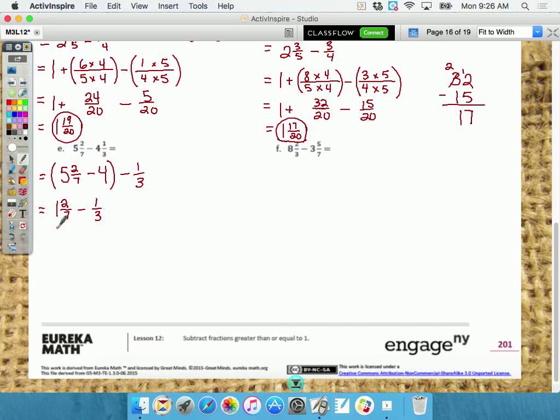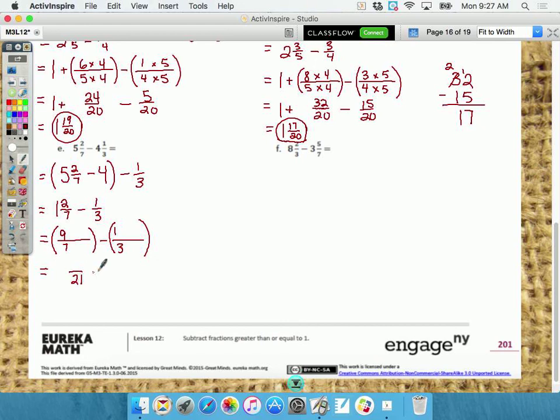It's just that there's only 1 left to borrow. So this would be the same thing as 7/7 plus 2/7, which would be 9/7. So 9/7 minus 1/3.